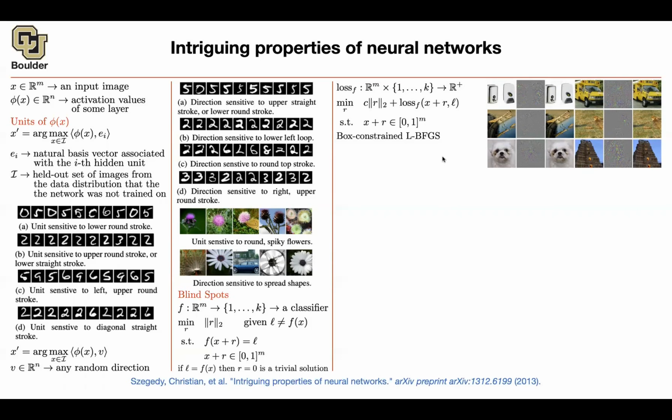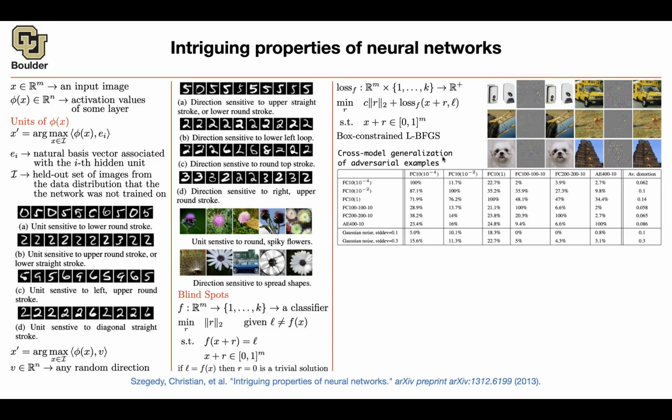This is intriguing. And something even more intriguing: it's not just for this particular network and this particular structure of the network. These adversarial examples actually mess up the predictions of totally different neural network structures. For instance, you can design your adversarial examples for a fully connected neural network with 10 layers, and it's going to make 100% mistakes.